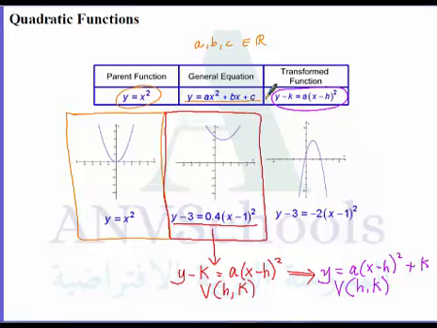In terms of translations and dilations, you could notice that your quadratic function is dilated with a factor of a. It's a vertical dilation with a factor of a. And what else? You also have a horizontal translation, h units to the right.